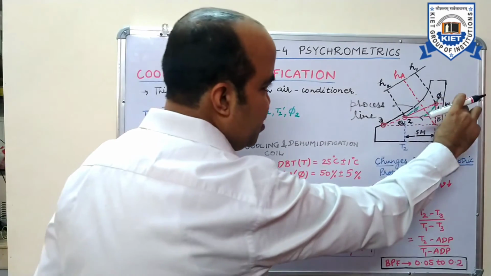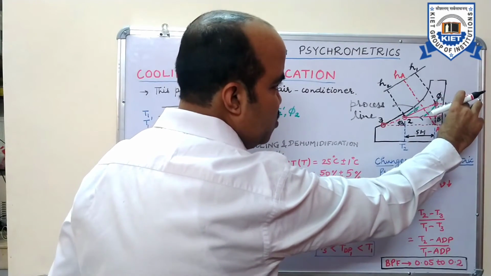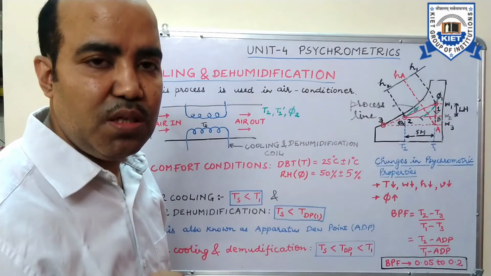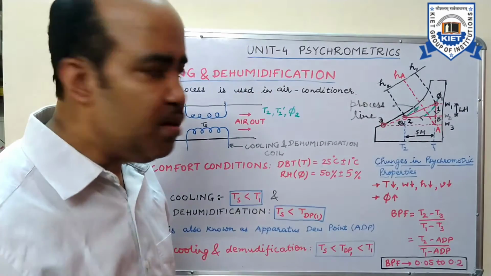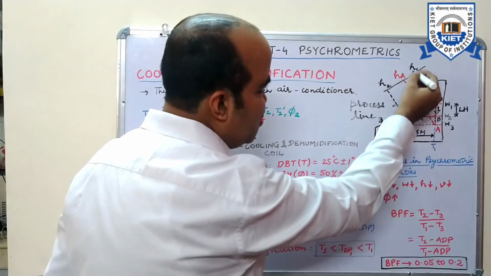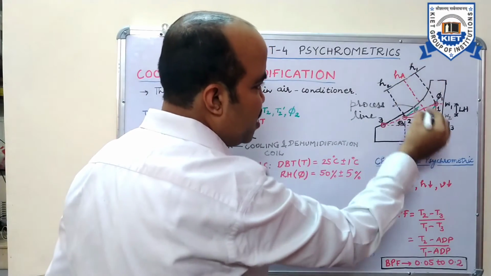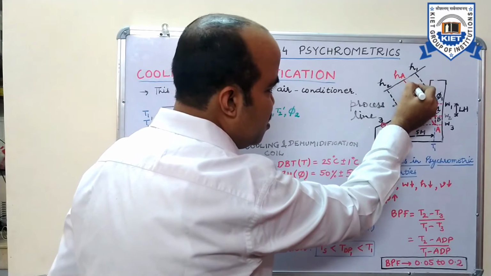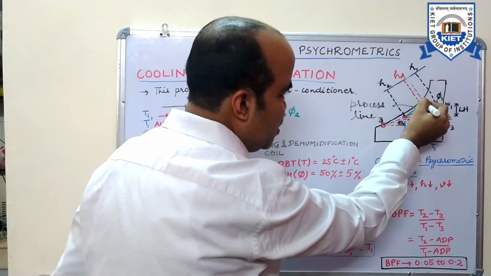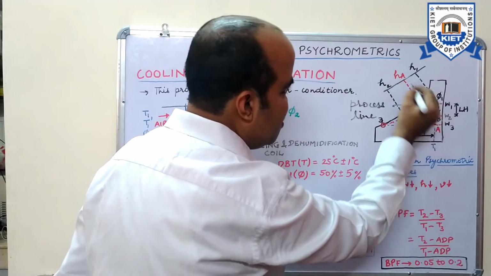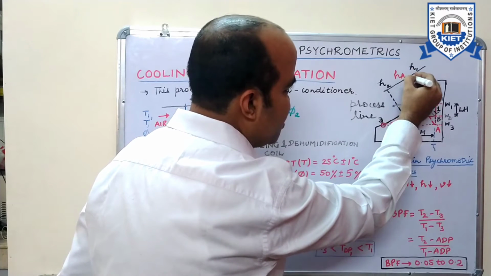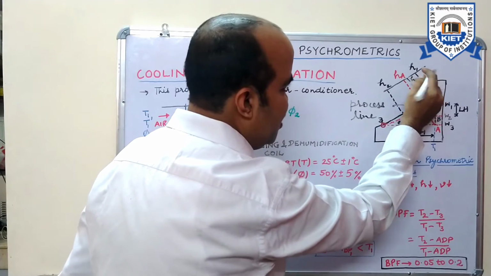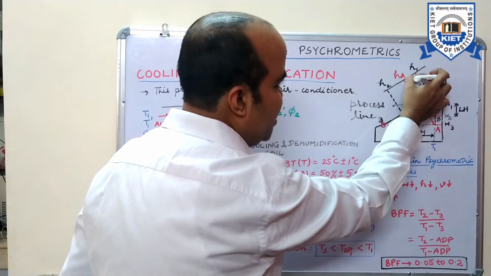So LH, from W1 to W2, this much amount of heat you are removing from the air, and this can be noted with the help of the enthalpy scale provided over here. If I project this point B onto the enthalpy scale, then the enthalpy at this point will be HB, and latent heat removal will be from H1 to HB.